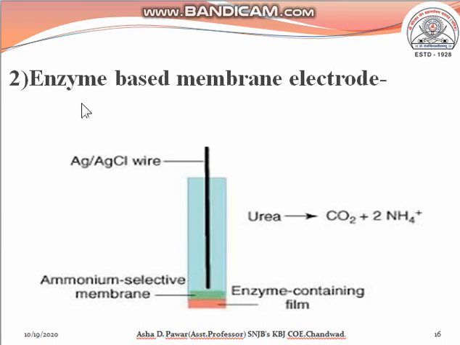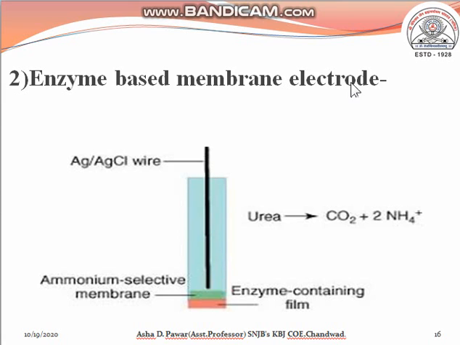This enzyme based membrane electrode always uses some enzyme, that is, the membrane is made from a particular enzyme. That enzyme works to determine the concentration of various ions from the solution, and there is again an internal reference solution and an internal reference electrode.